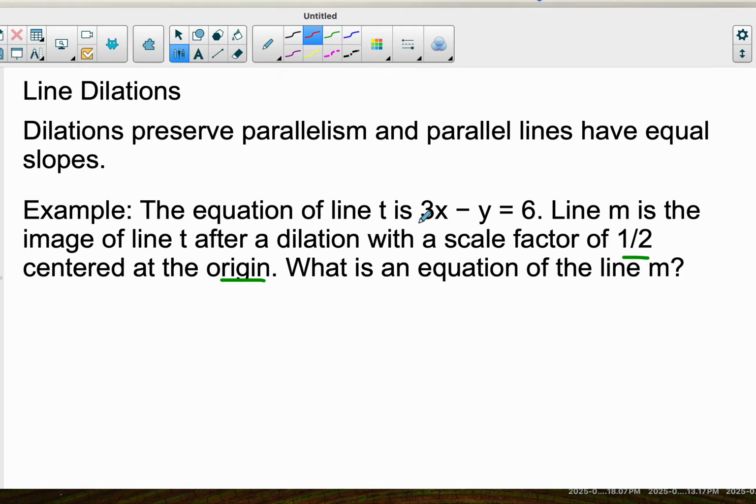The first thing we have to do is take the original line and get it into y equals mx plus b format, which is our standard way of writing the equations of lines, so that we can easily see what the slope and the y-intercept are. So I want to get the y by itself. I'm going to subtract the 3x from both sides.